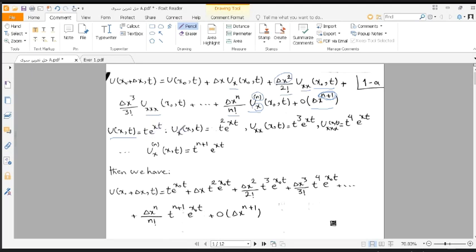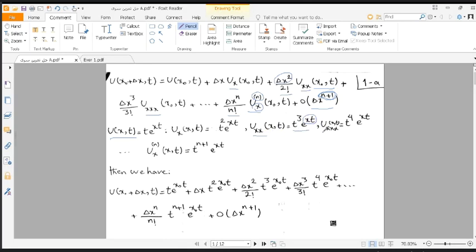The first derivative of u respect x is t squared e power xt. The second derivative of u respect x is t cubed e power xt.